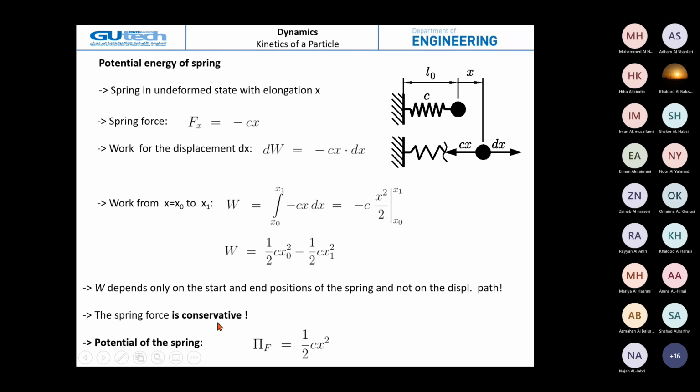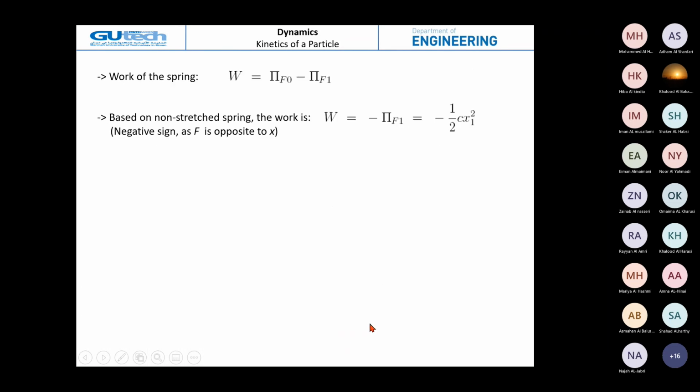Now the spring force is conservative. Potential energy can be put here. Ep is the half of Cx square. This is the kinetic energy and this is the potential energy. Now the work of the spring W will be the difference between the initial and the actual state of the potential.